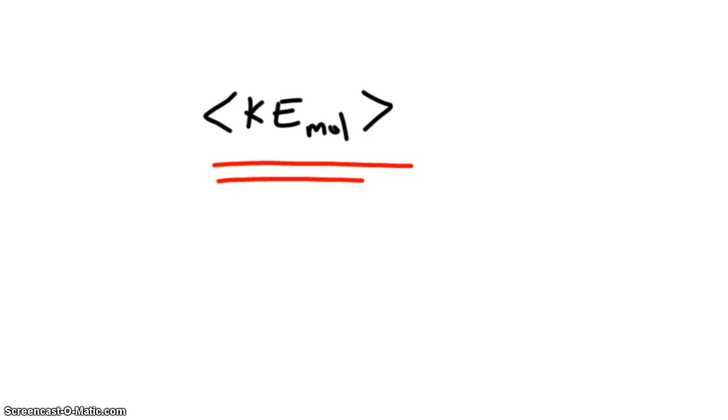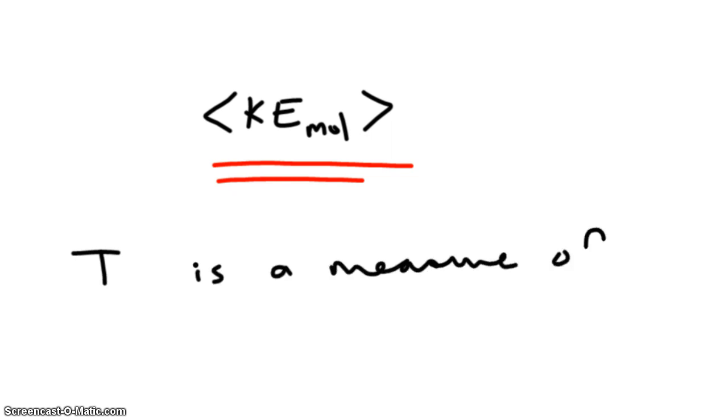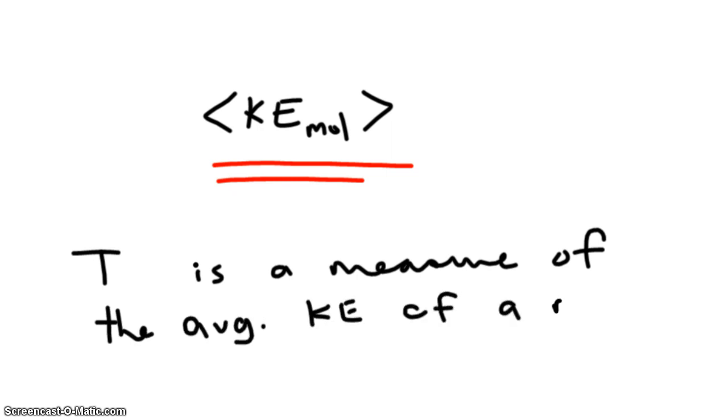In general, temperature of a substance is a measure of the average Ke of a single molecule in the substance.